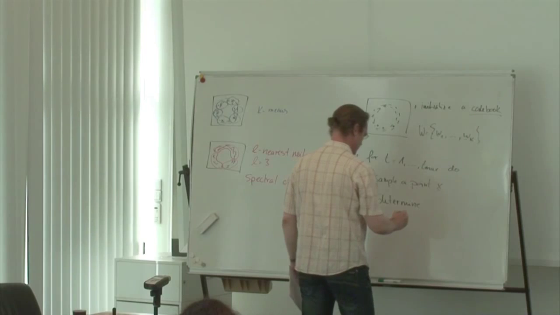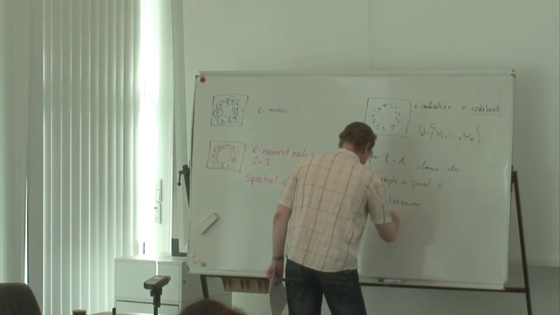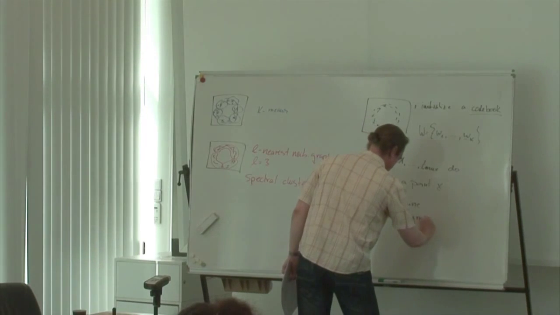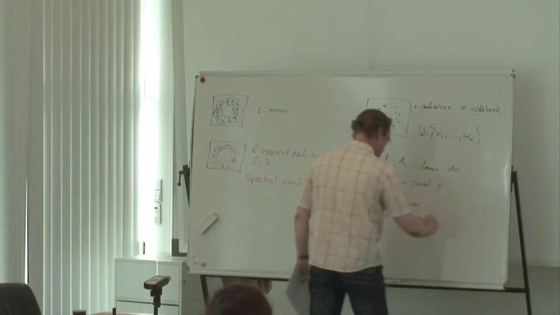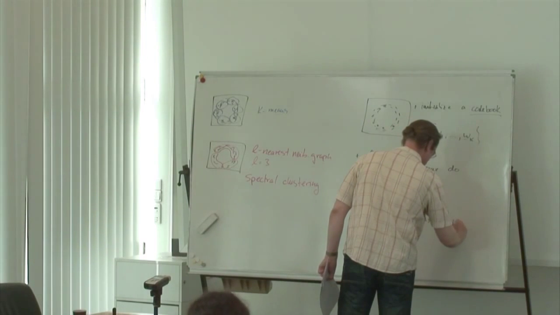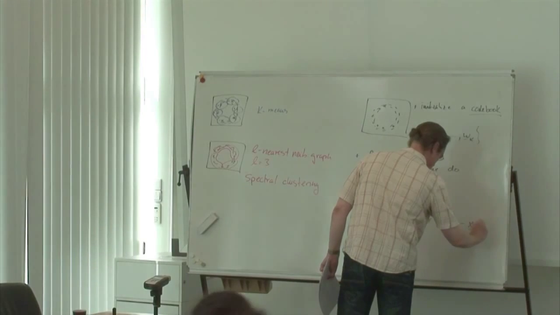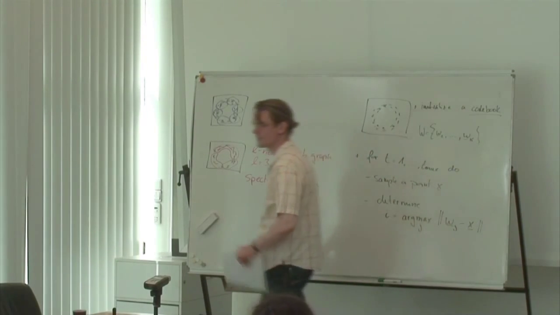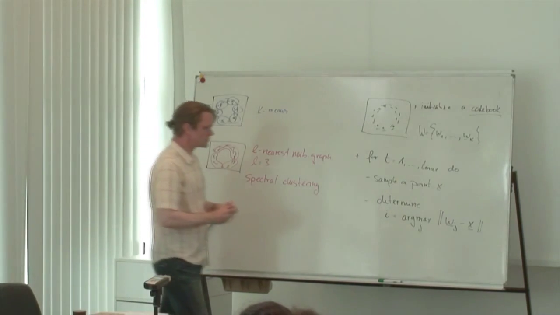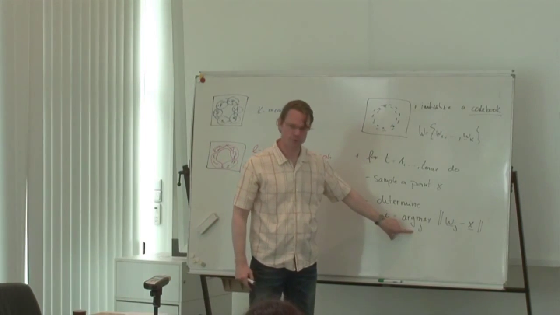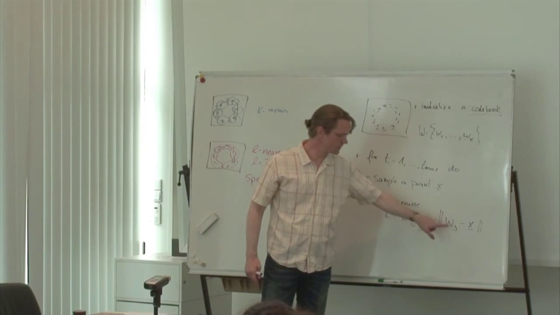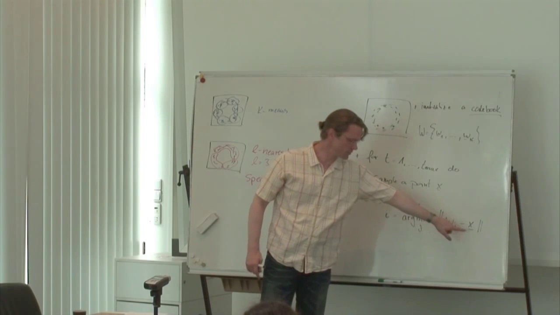And that is, we are interested in the index i, which is the arg max over all j of the distance between codebook vector w_j and sample point x. When I write this, what I mean is, for all the codebook vectors, j equals 1 up to k, we compute the distance between the codebook vector and the current sample point.